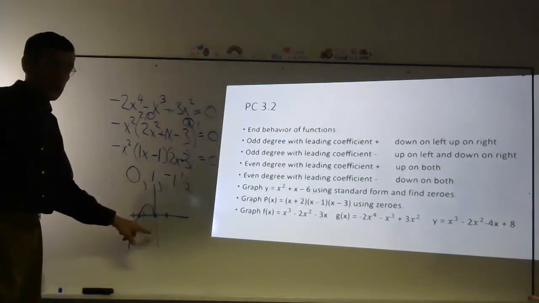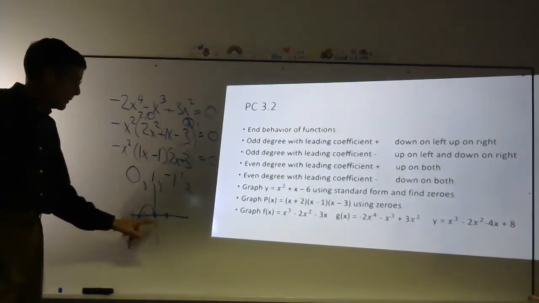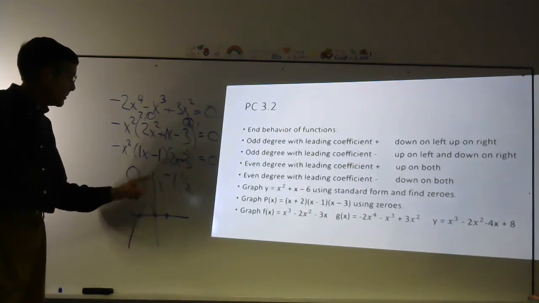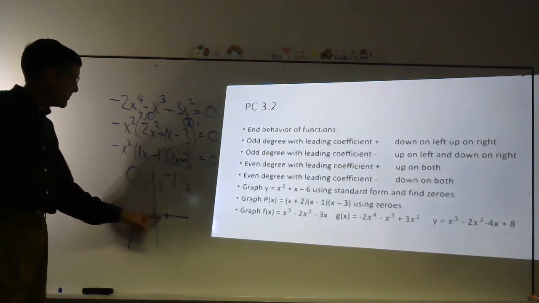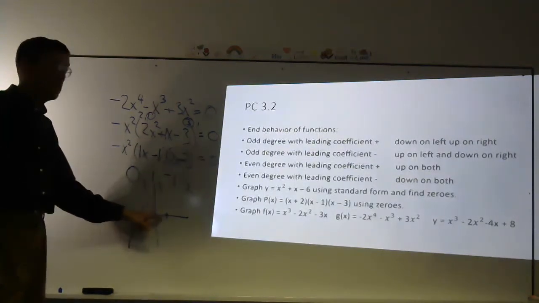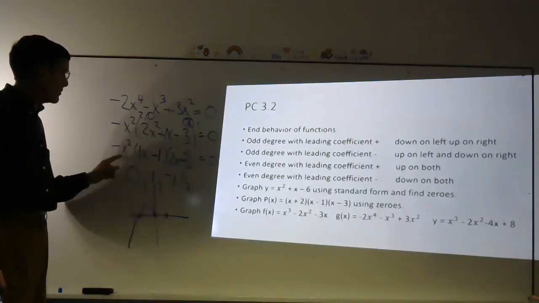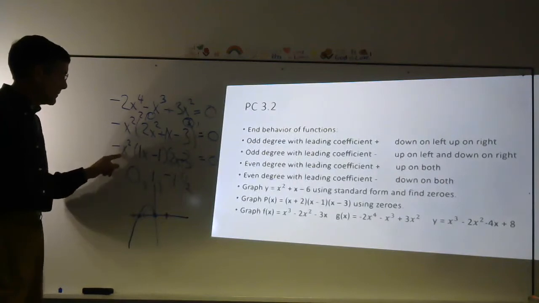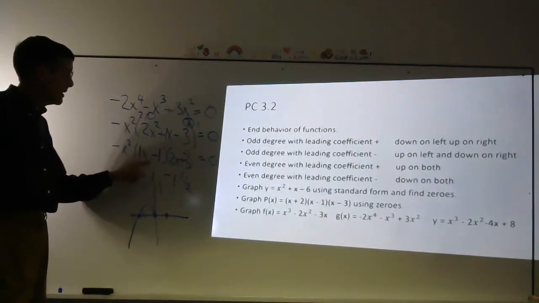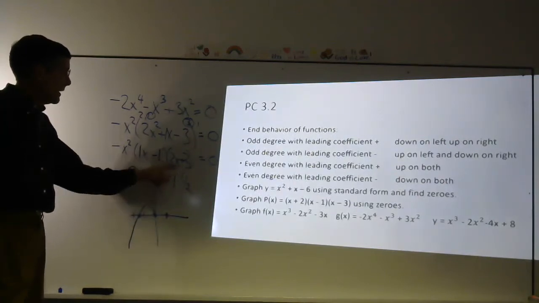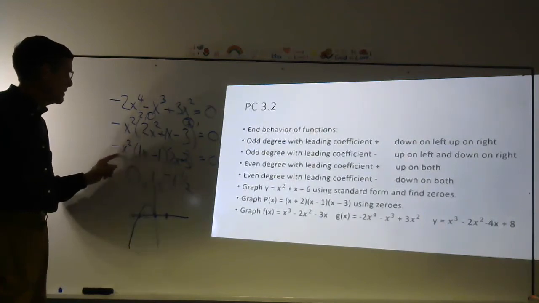Now what happens here? Does it keep on going? Or does it go back up? So I'm going to put positive a half. This x squared is always negative.